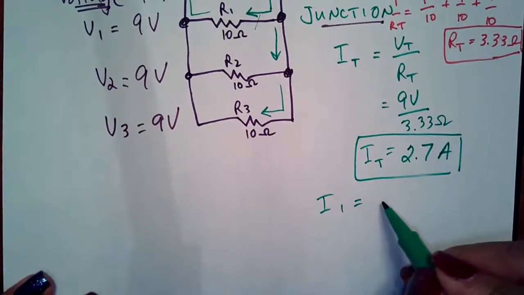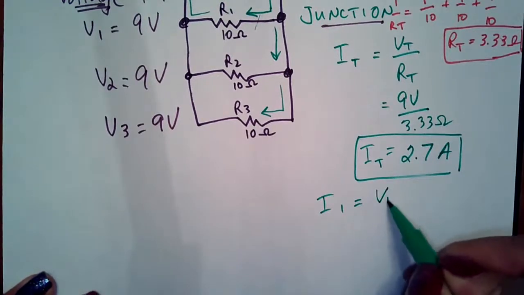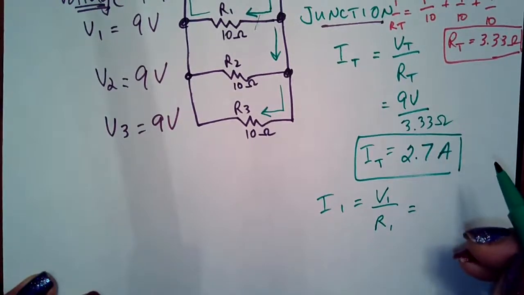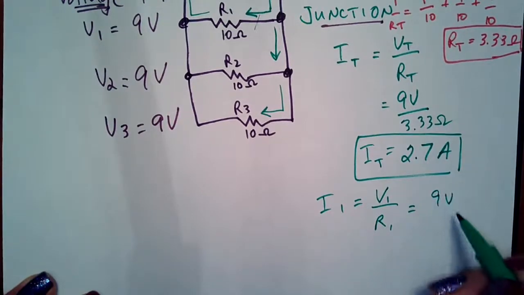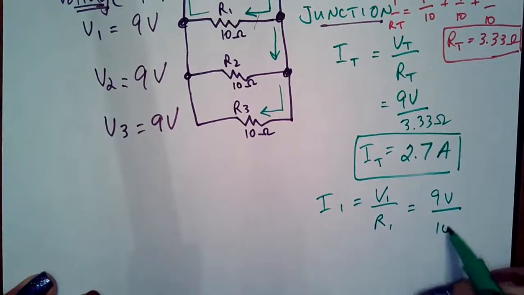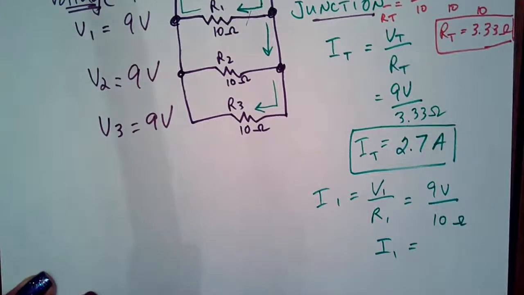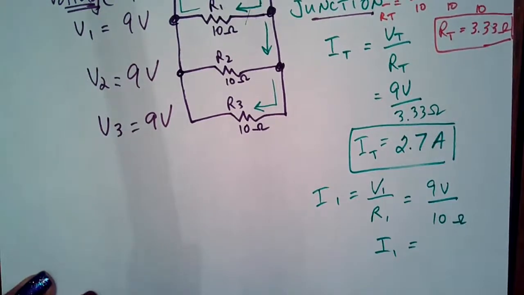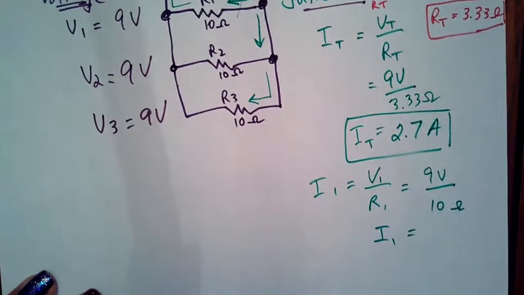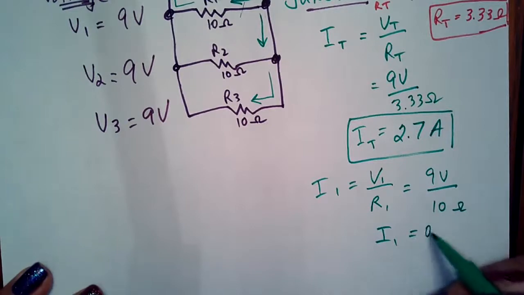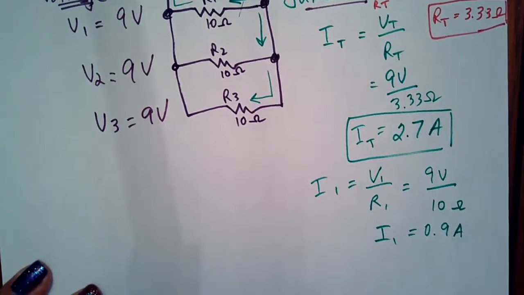So I1 equals V1 over R1. And the total volts is the same as the individual volts. 9 volts divided by R1, which is 10 ohms. So the current is going to be 0.9 amps.